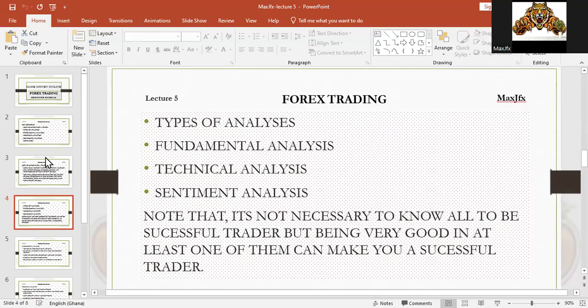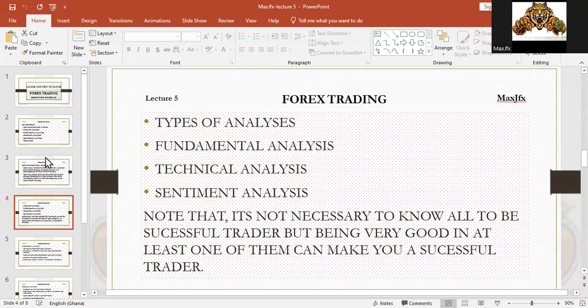All right, so note that it's not necessary to know all the types of analysis to be a successful trader, but being very good in at least one of them can make you a successful trader.